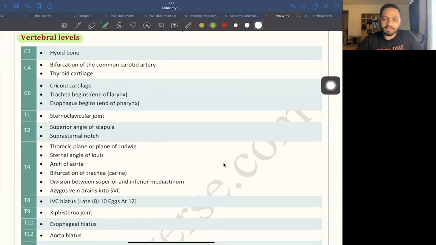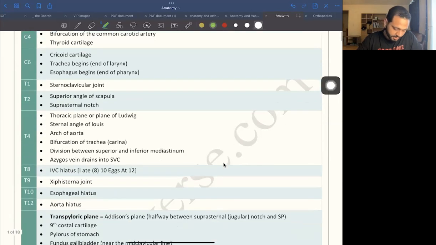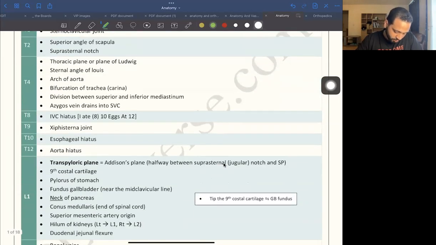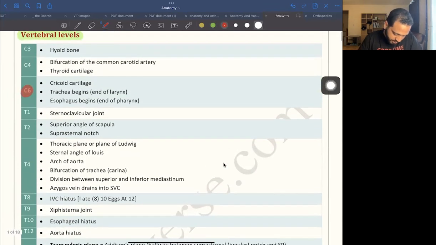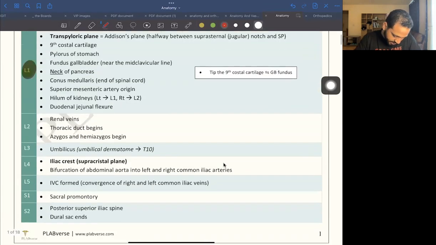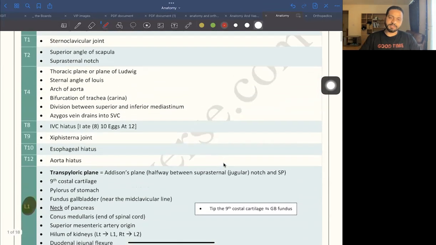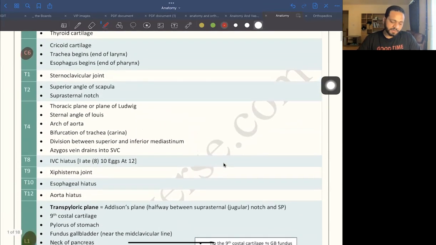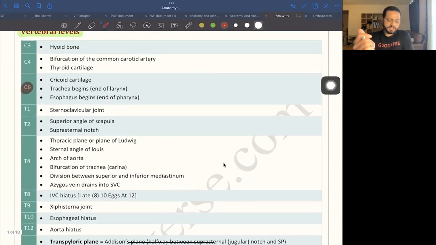But in my opinion, the most important one is L1. L1 is very important, and I would say C6 is important as well, and finally L4. And yeah, this is pretty much it, the important levels. However, you need to go through all the things.